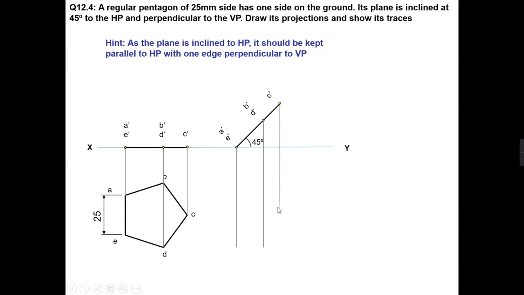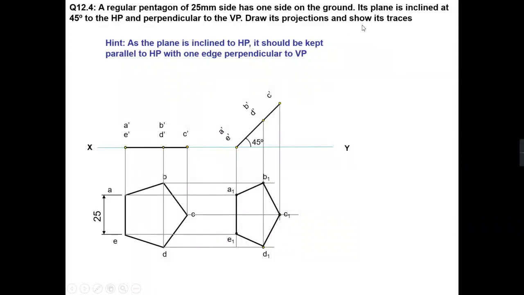Okay, so wherever these meet, that shows the points A and E. If I draw the horizontal line from A, this will be your point A, and this will be your point E. In a similar way you can get all the points like B, D and C. Then I will join these points with straight lines, so you will get the top view of the pentagon.